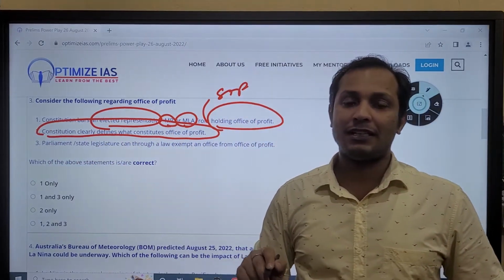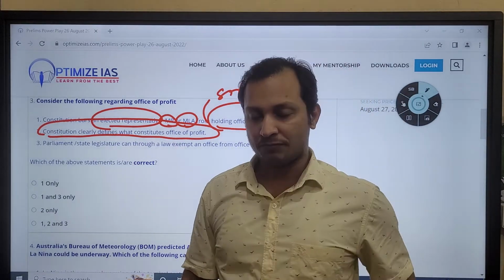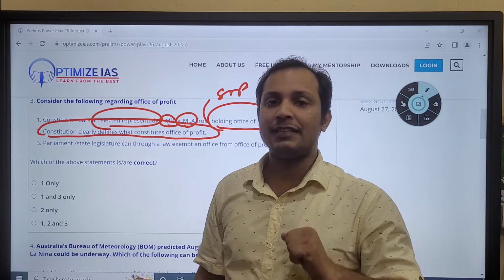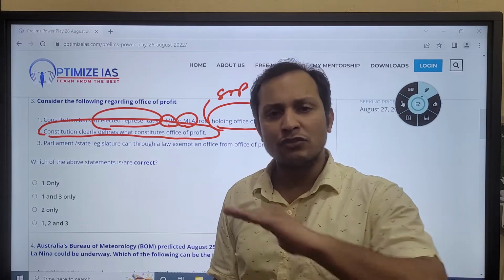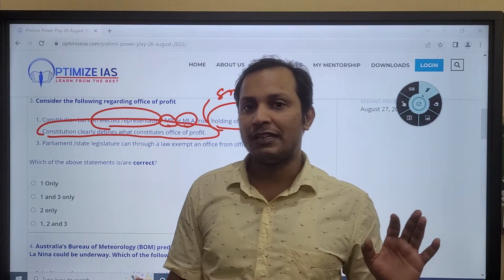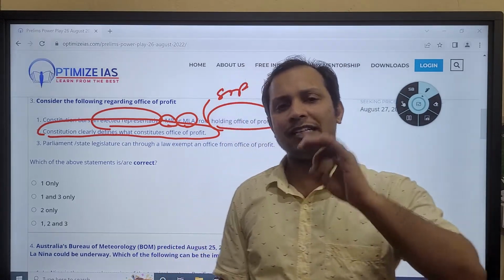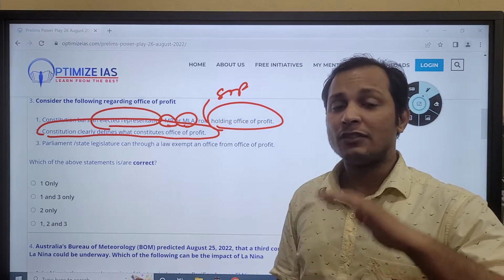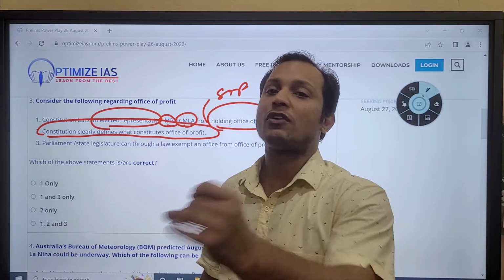Guys, if you read Article 102 or Article 191, you will understand that the constitution does not clearly define what constitutes an office of profit, and this has been interpreted by the judiciary. There is no law also to define what is an office of profit.